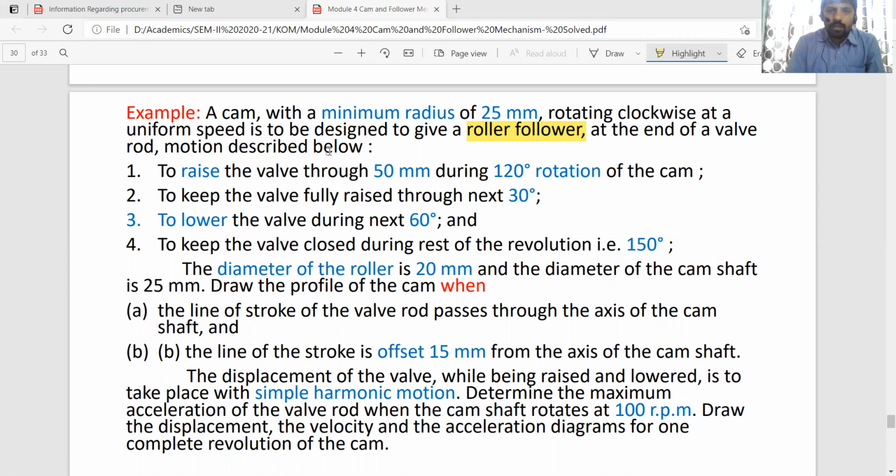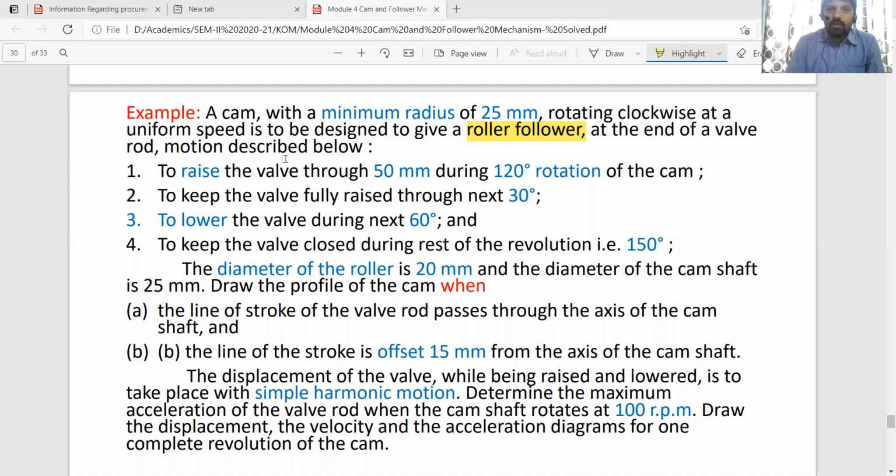So both will be covered. Module 4 is your CAM and follower mechanism. So that is also getting covered, and practicals are based on module 4.